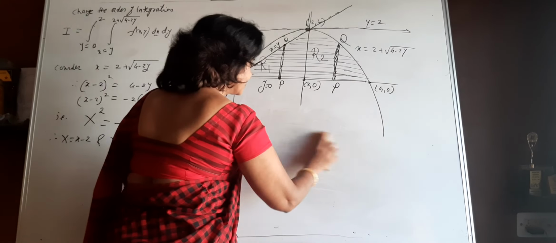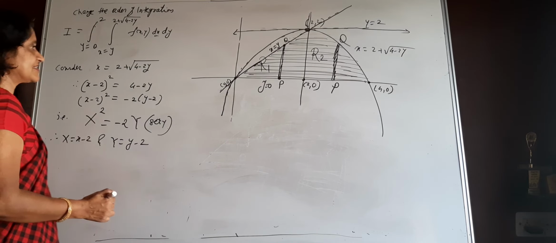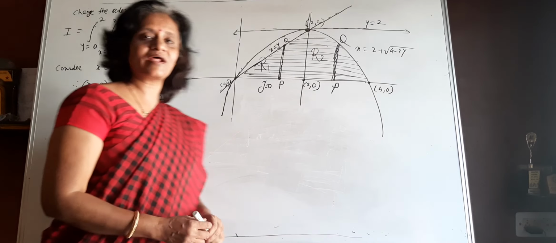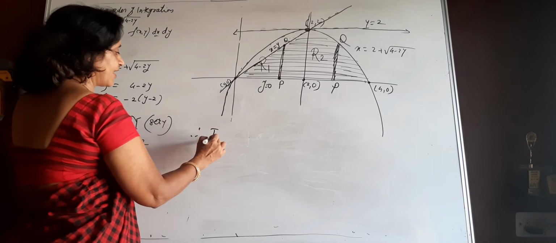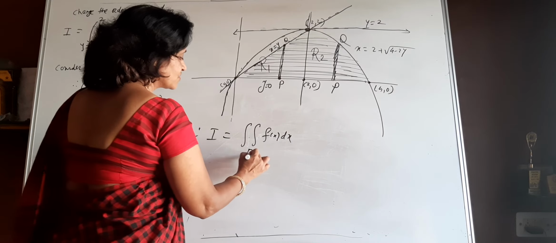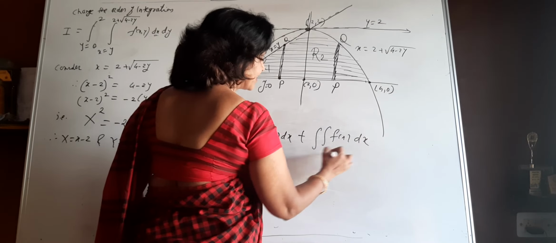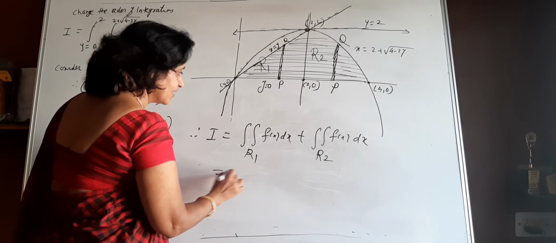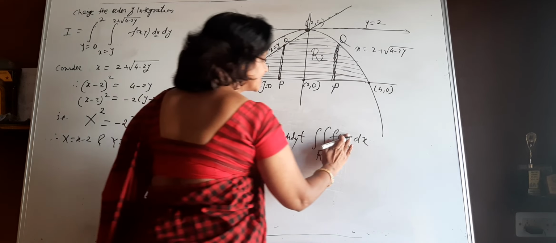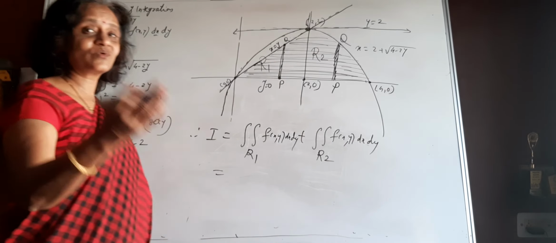This integration over this entire region R is the same as integration over R1 plus integration over R2, and so I have integration f(x,y) dx dy over R1 plus integration f(x,y) dx dy over R2. Sorry, it's not f(x), it's f(x,y). I'm so sorry, dx dy, f(x,y) dx dy, and it's as good as 2 problems.